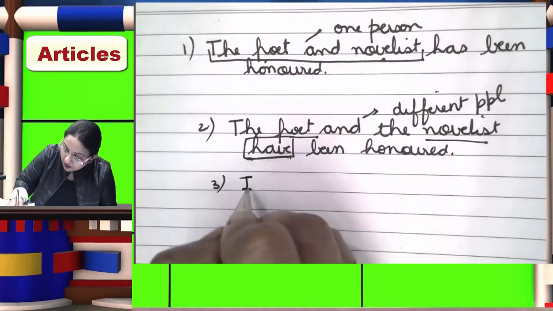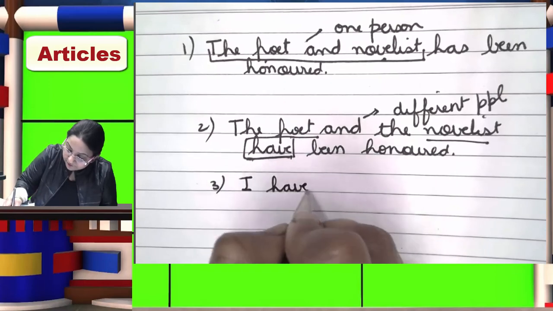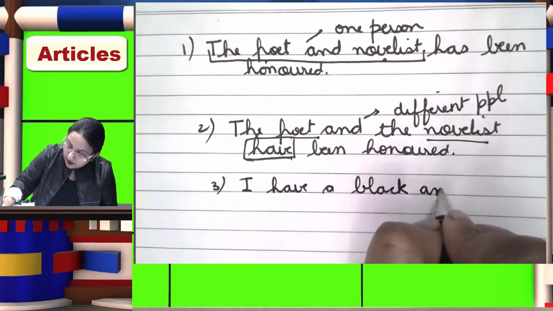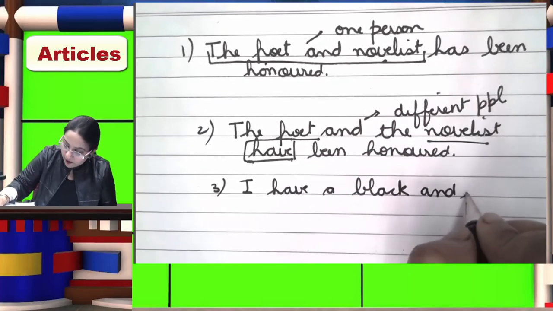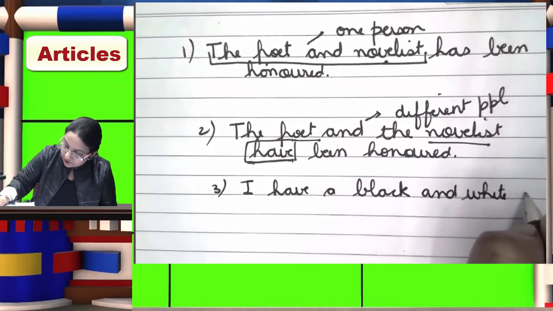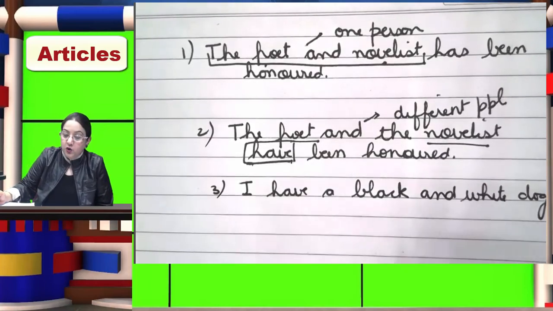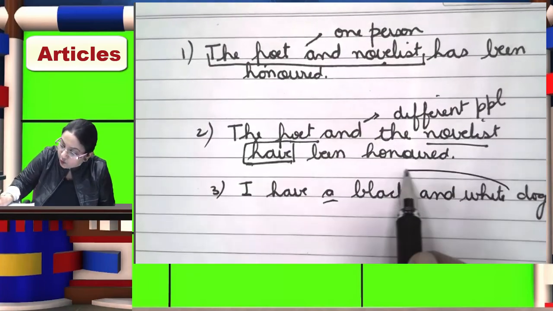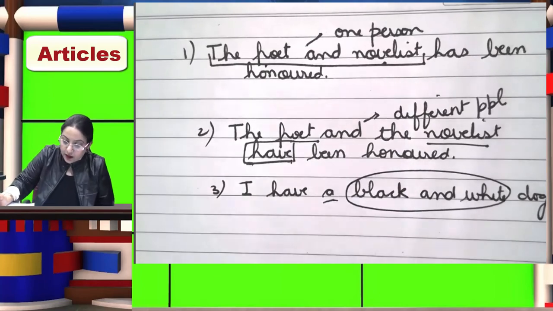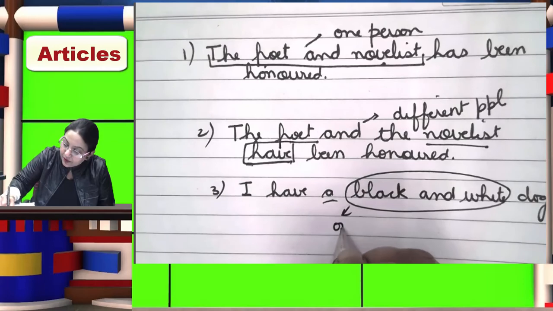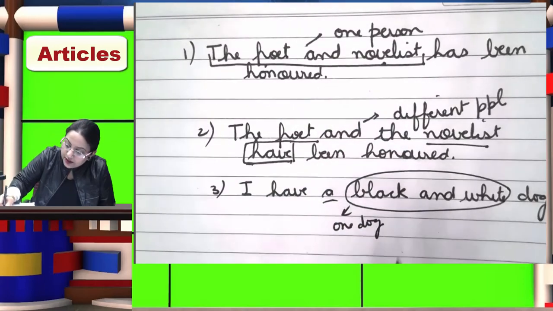I have a black and white dog. When I say I have a black and white dog, it means I'm talking about one dog only.